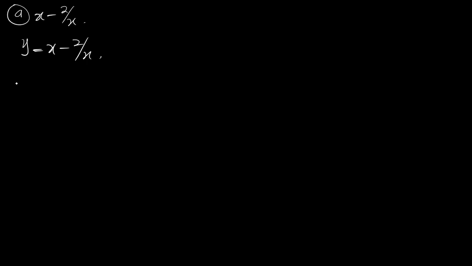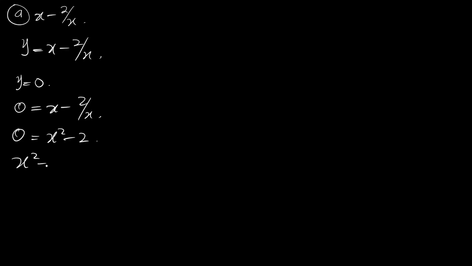Now for the condition where y is equal to 0, let's find some of these boundary conditions. So y equal to 0. That is 0 is equal to x minus 2 all over x. If you multiply both sides by x, you have 0 equal to x squared minus 2.